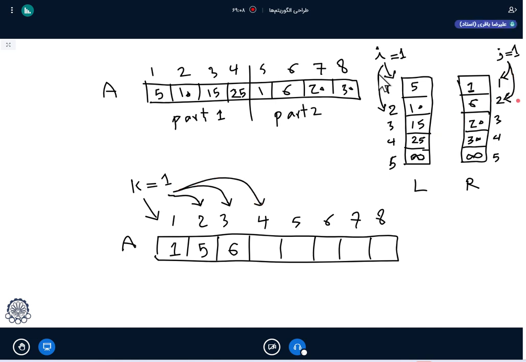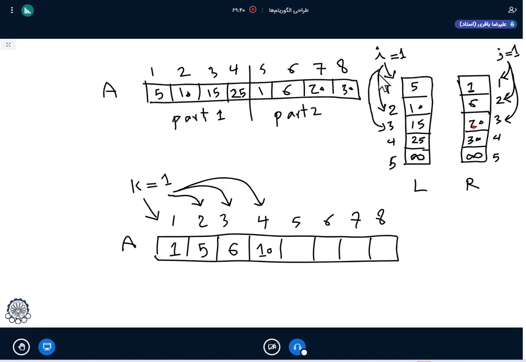And also index J is increased because 6 is minimum and 6 is copied to A and its index is increased. Then we compare 10 and 20. Any of them that is minimum is copied to the array and its index is increased. So 10 is copied to array A and its index is increased. Then we compare 15 and 20.